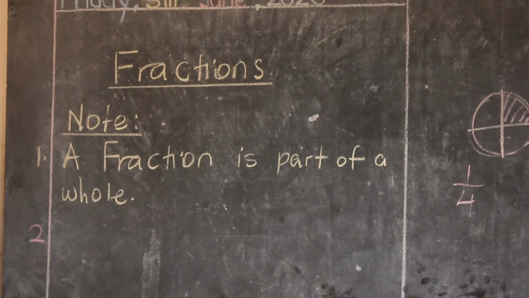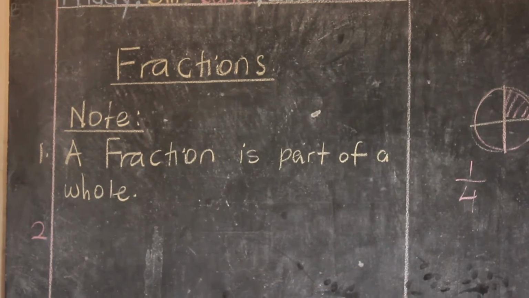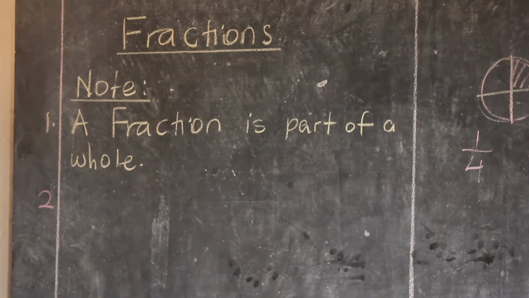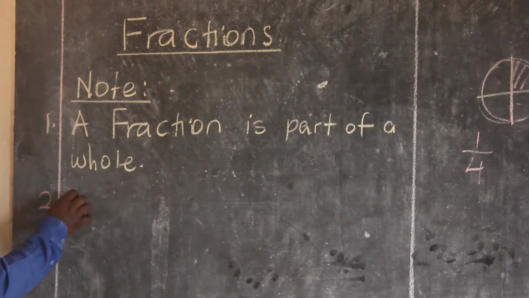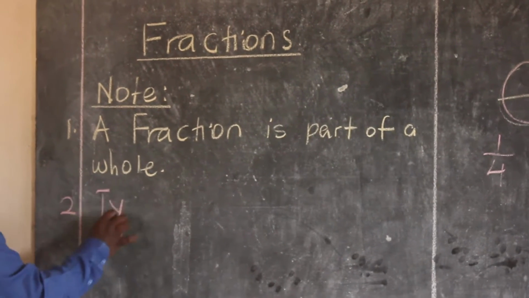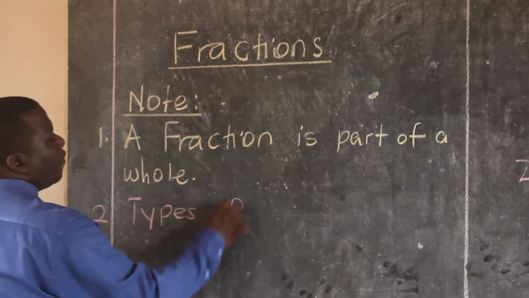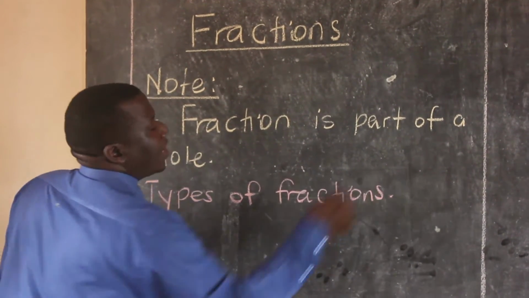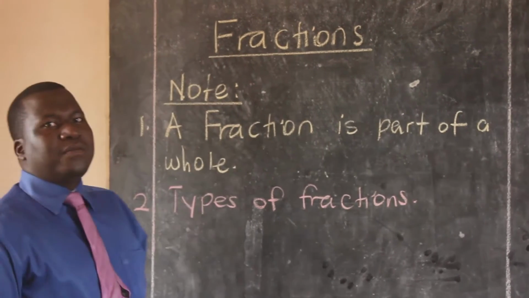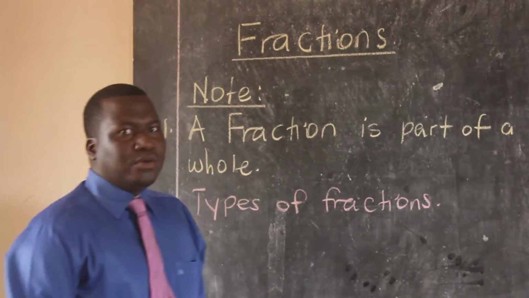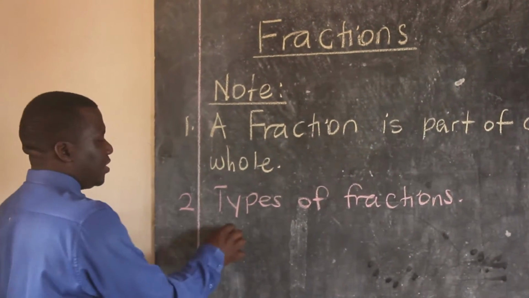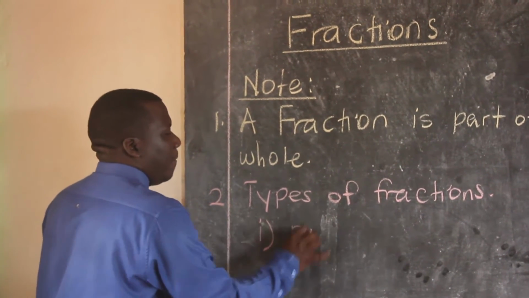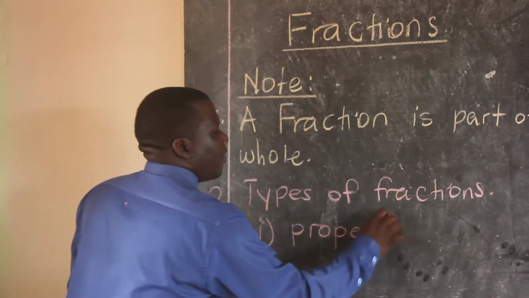Number 2, we need also to understand the different types of fractions. So types of fractions. Still in P4, P5, P6, you learned about different types of fractions, and the first one, you have what we call proper fractions.